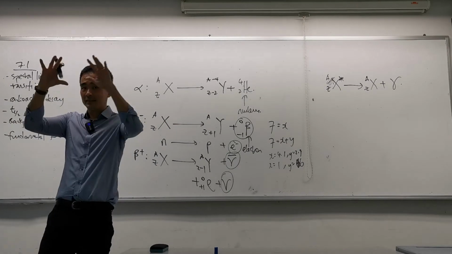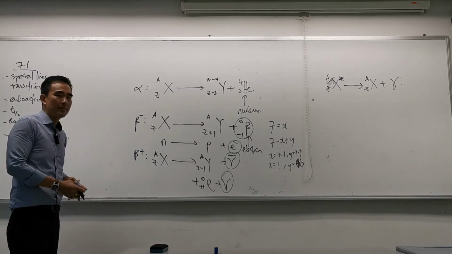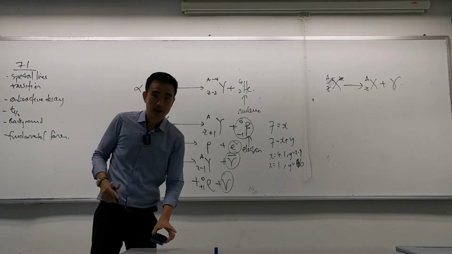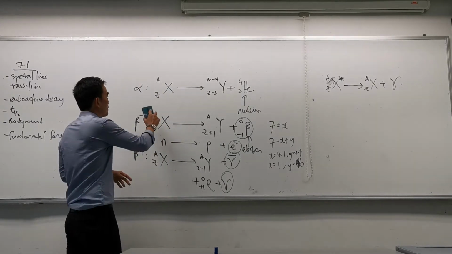Now draw up a table to summarize some more information regarding alpha, beta, and gamma. And these are things that you need to know about the nature of alpha, beta, and gamma.